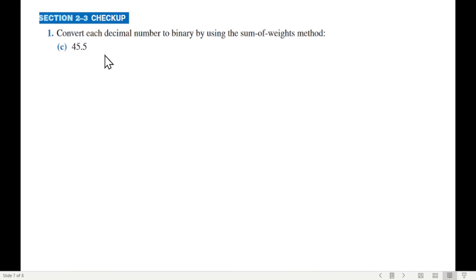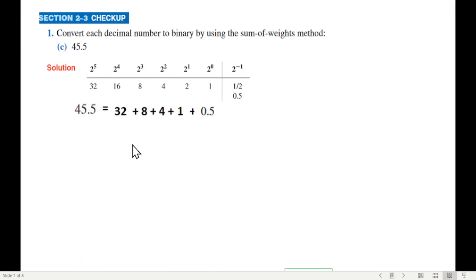The next is convert. Now this is the checkup question. Convert the decimal number to binary using the sum of weight method. So there are two methods. So this is the sum of weight method, and in sum of weight we have already done. We'll use the table. So this is the weight table that we will use, and 45 can be written by these values.